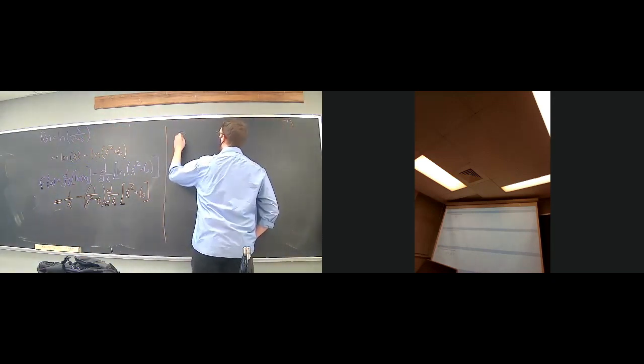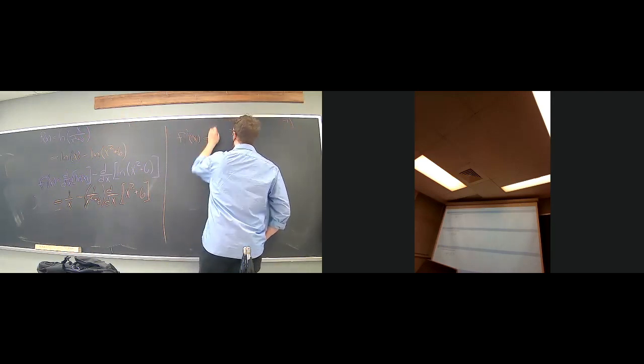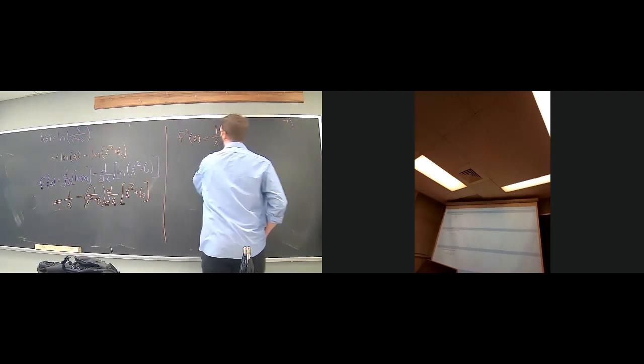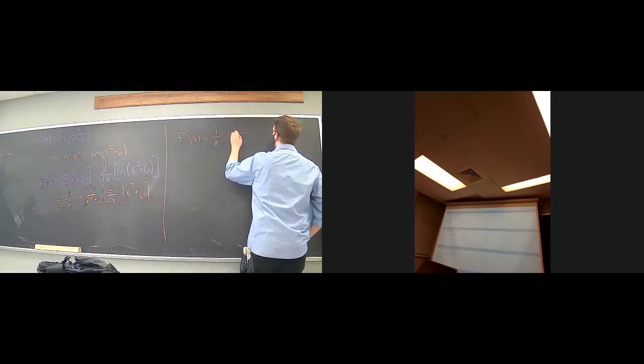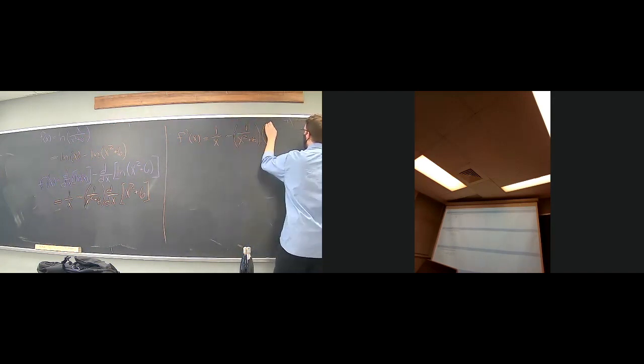So f prime of x is going to come out to be 1 over x minus 1 over x squared plus 6, that quantity times 2x.